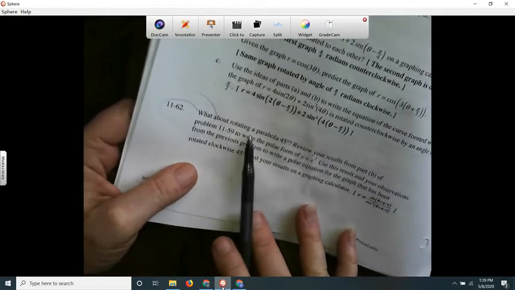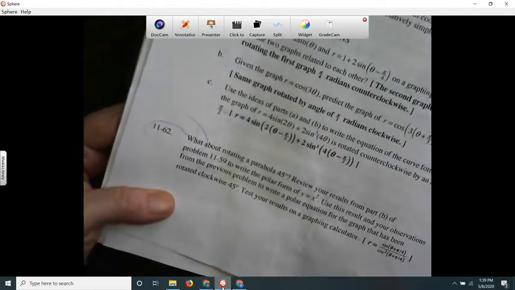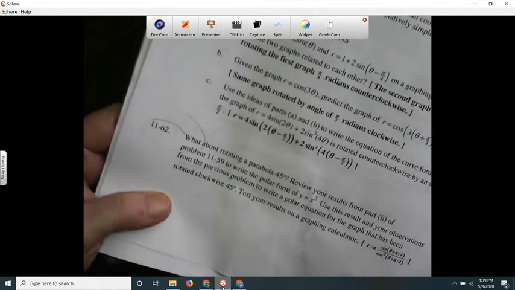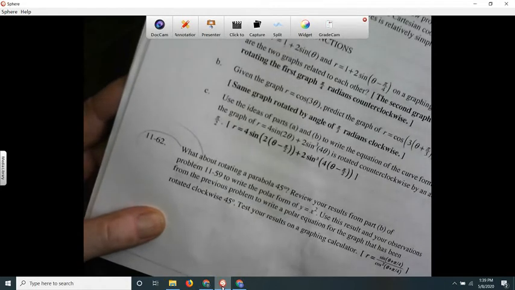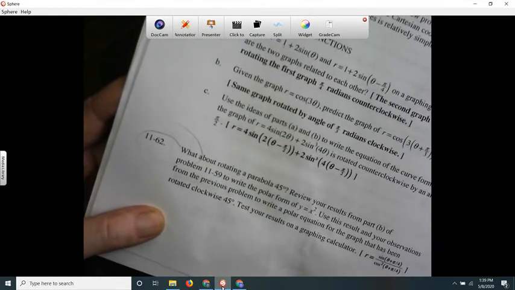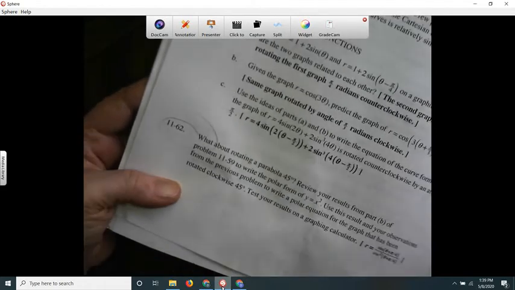What about rotating a parabola 45 degrees? Review your results from part B of 11-59 and write the polar form of y equals x squared.